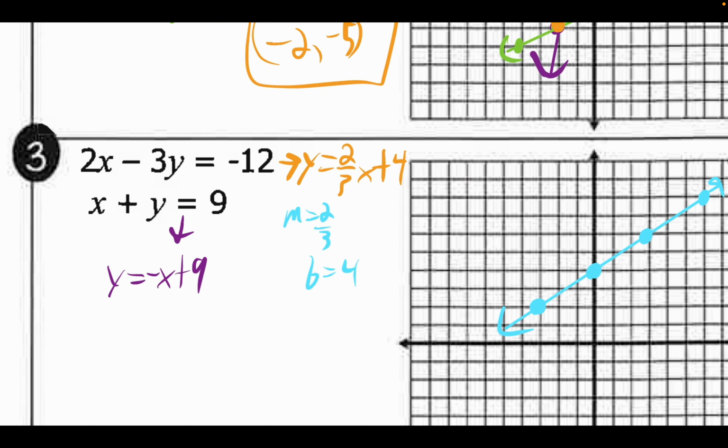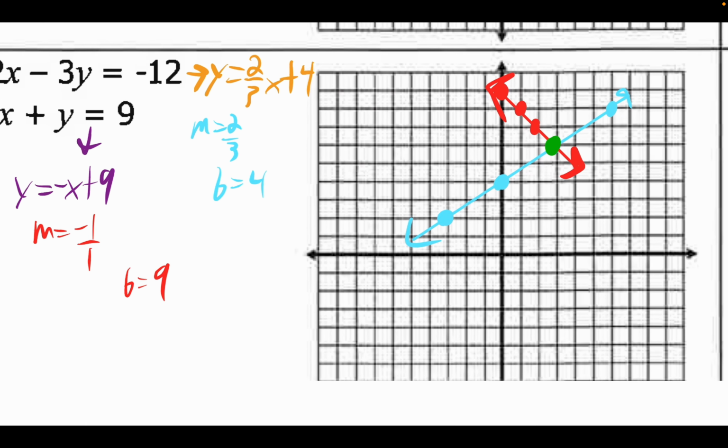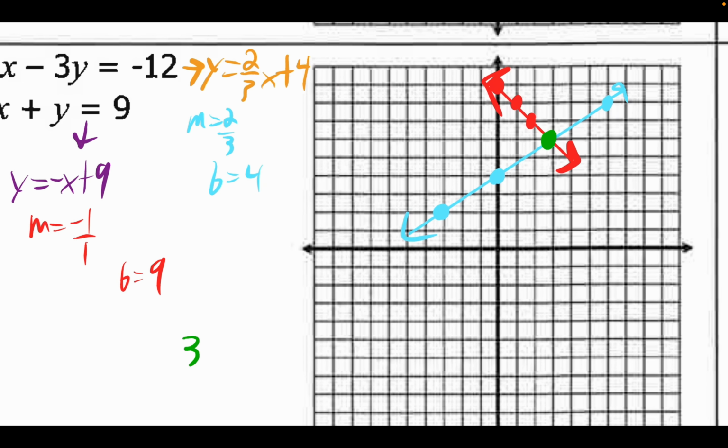And I graph my other one, slope of negative 1 over 1, a y-intercept b of 9. And we can note that they intersect right there at 3 comma 6.